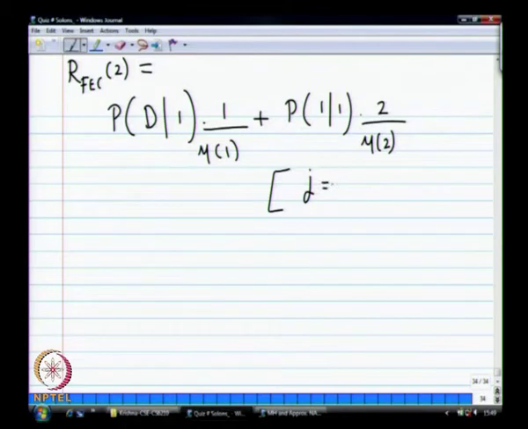In this case J is either 1 or 2 and n equals 8.